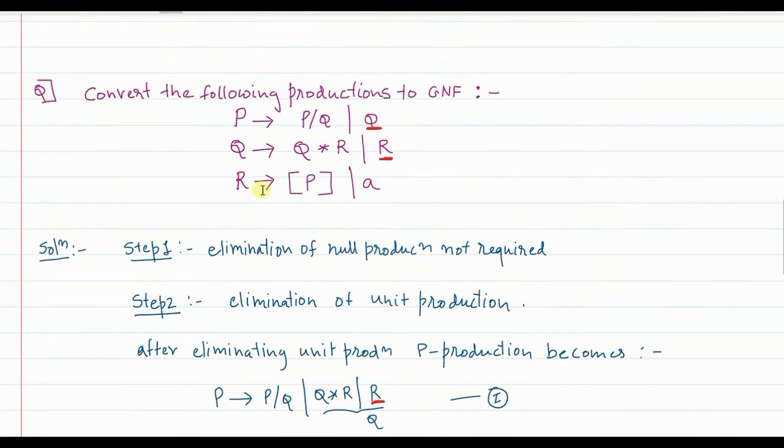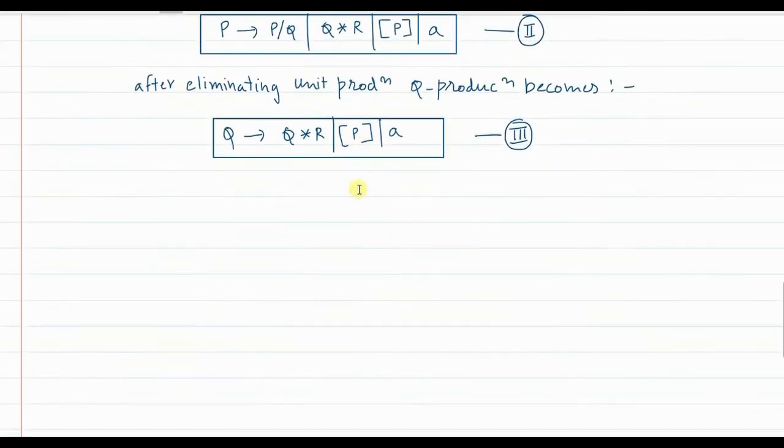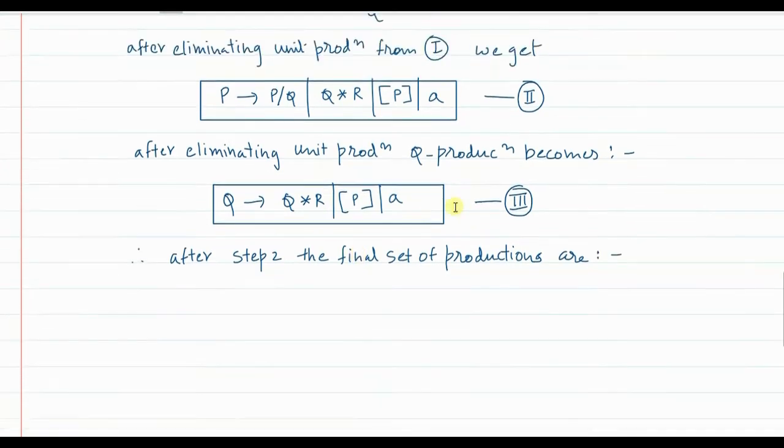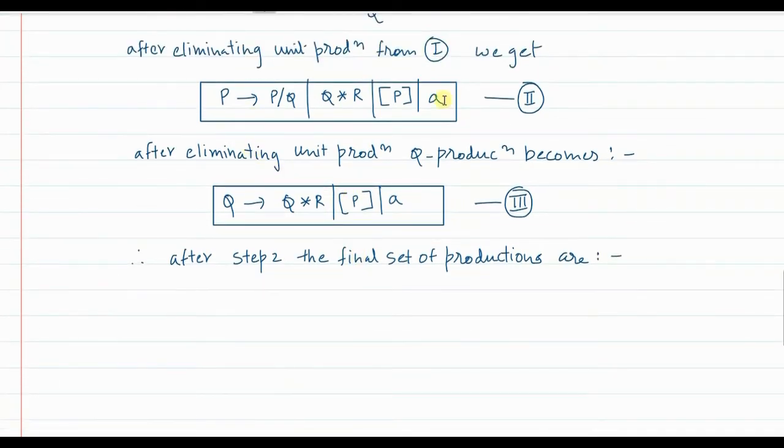Now there is no unit production over here, so the R production can be written as R production itself. Therefore, after step 2, the final set of productions are, okay, I'm going to write these productions with a different color.